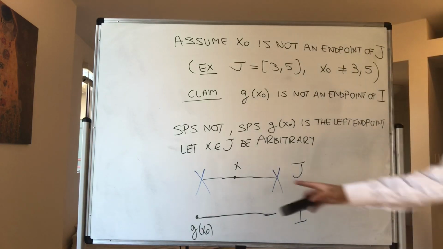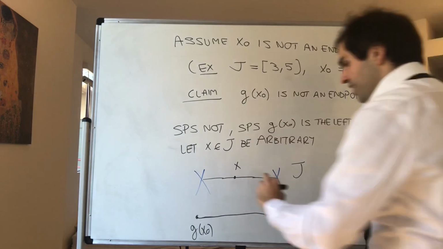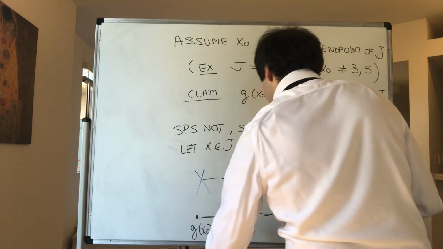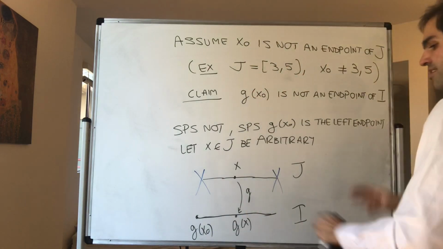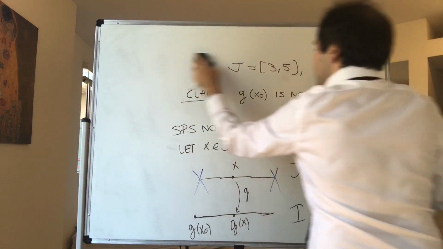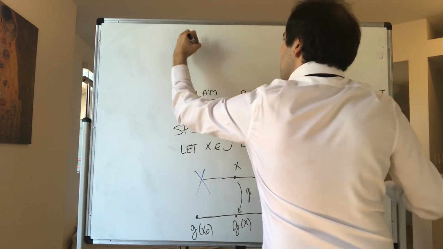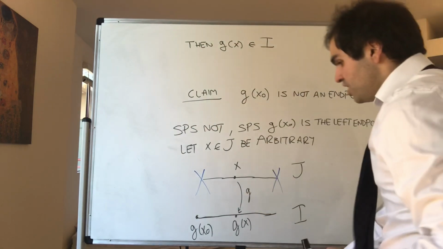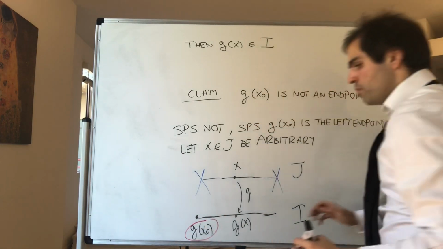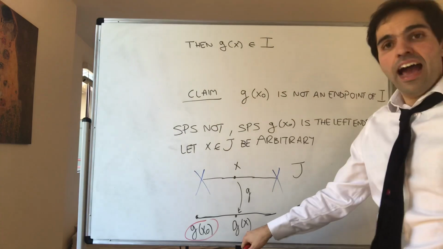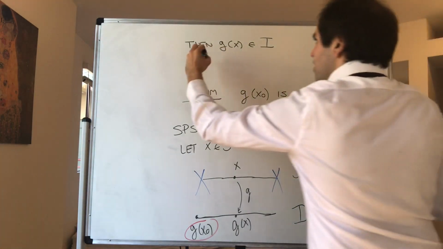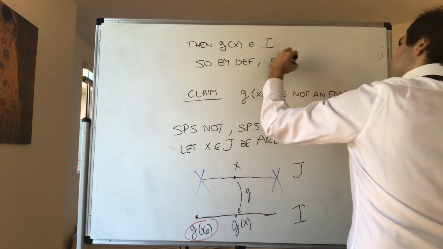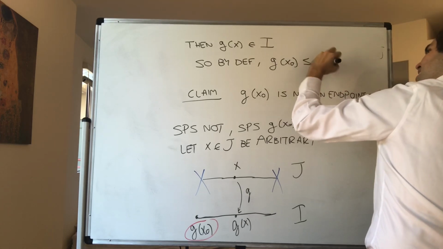If you apply g to x, you get g of x, which is in the interval I. But g of x naught is the left endpoint, so by definition, g of x naught has to be less than or equal to g of x.